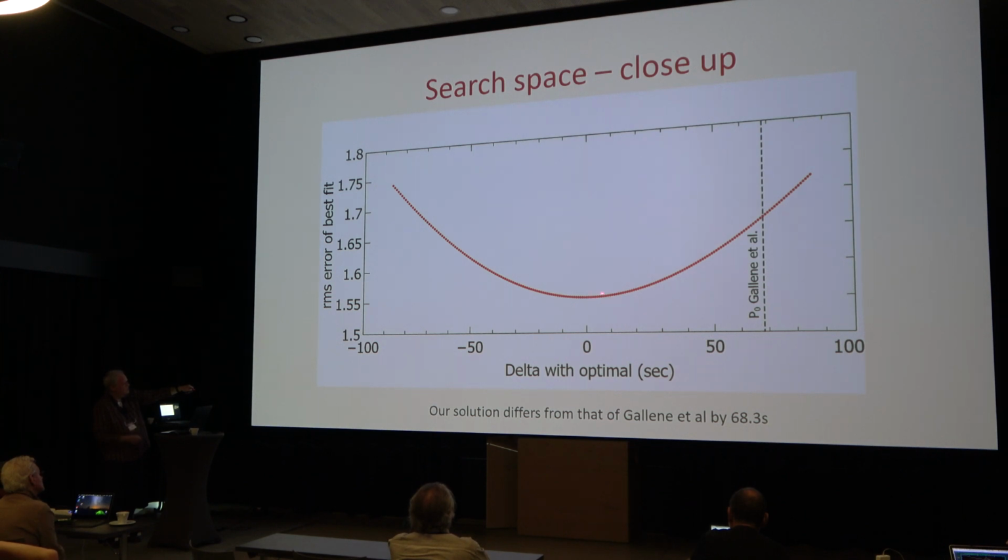By definition, you get the minimum of this curve here, the smallest RMS error, around 1.55. As you vary the period away from that best fit value, you get a sort of quadratic variation in the RMS error, like this. Again, that's pretty much what you'd expect. Hurrah! Everything's behaving nicely, isn't it?